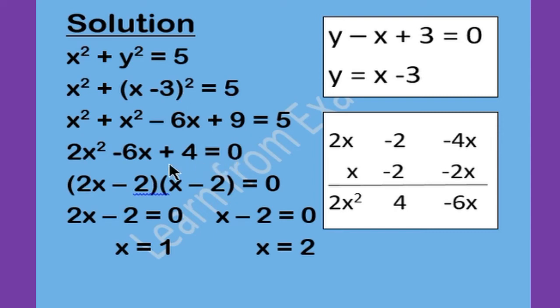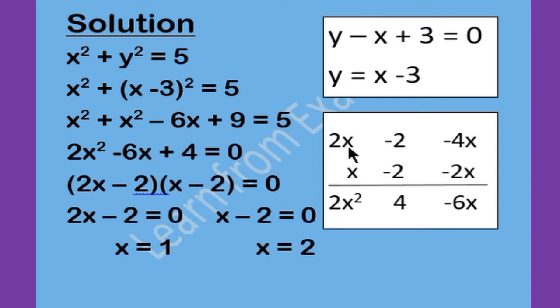So we get another quadratic equation which we will have to factorize, and please check our earlier video on factorizing quadratic equations. And here I've given some explanation on how to factorize that. We have broken up the first term 2x squared into 2x and x, and we have broken up this 4 into two factors, -2 and -2.